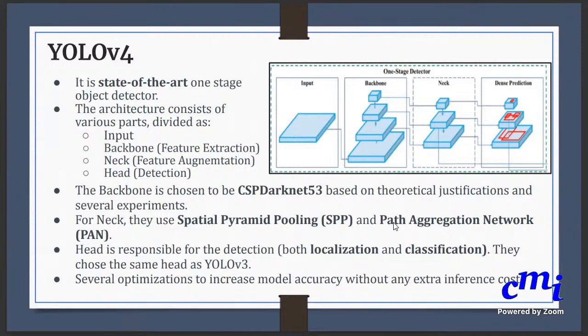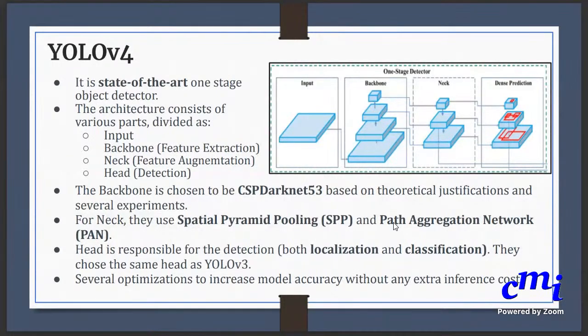Okay. So for the neck, the choices were firstly FPN, which is the feature pyramid network, and also PAN, which is the path aggregation network, and so on. For YOLO V4, we are using spatial pyramid pooling on the CSP Darknet 53.